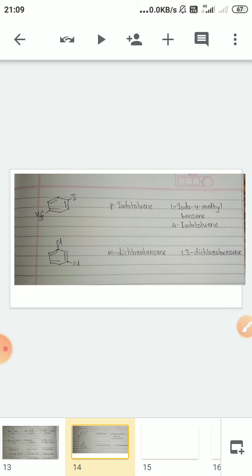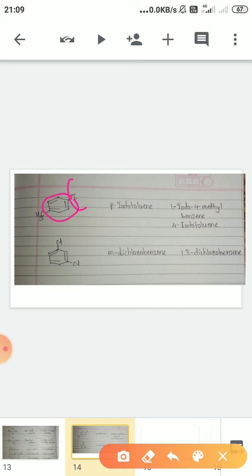See the last two compounds. The benzene ring contains one iodine and one methyl group, therefore the name of the compound is para-iodotoluene.